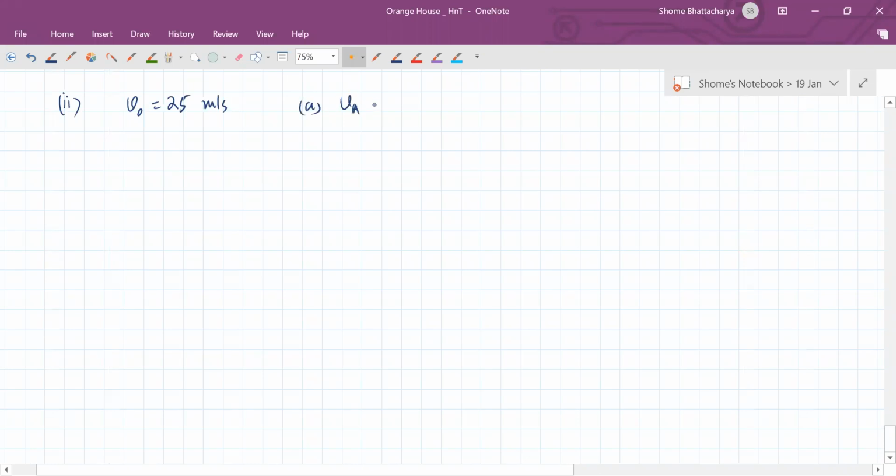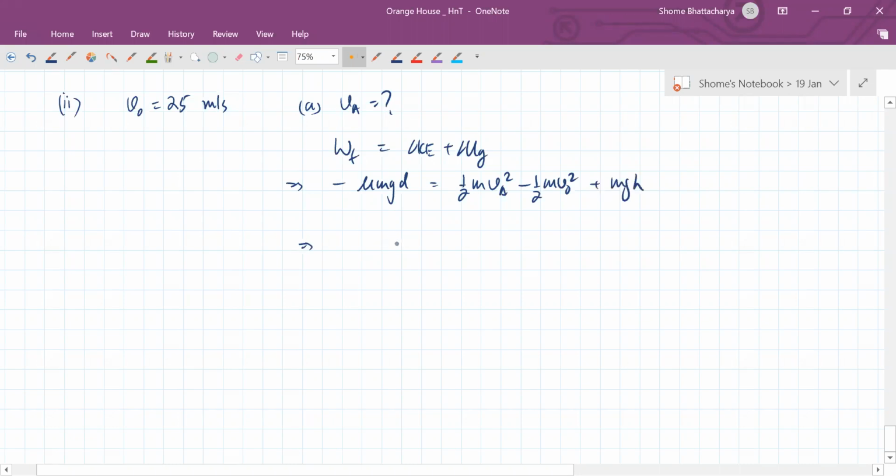So we need to find out VA. Work done by friction is change in kinetic energy plus change in gravitational potential energy. So minus mu mg d is equal to half m Va square minus half m V naught square plus mgh.